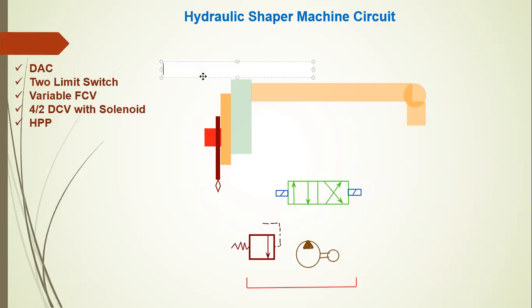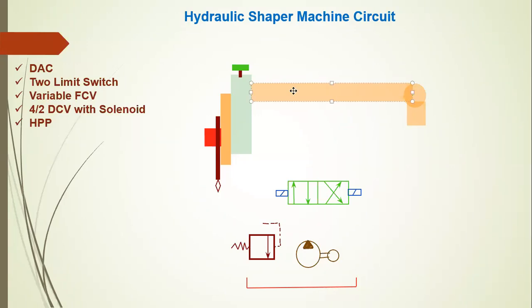Give the names for all the component parts. Here one hand wheel is required to operate the ram.